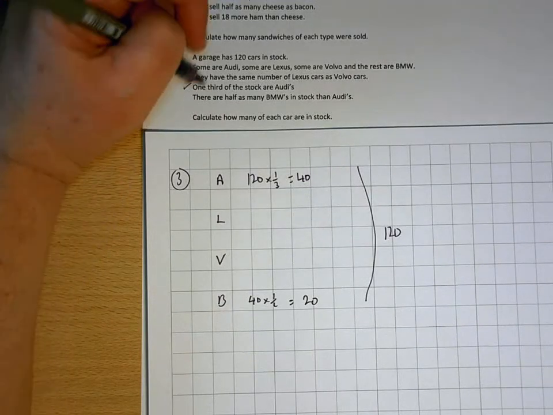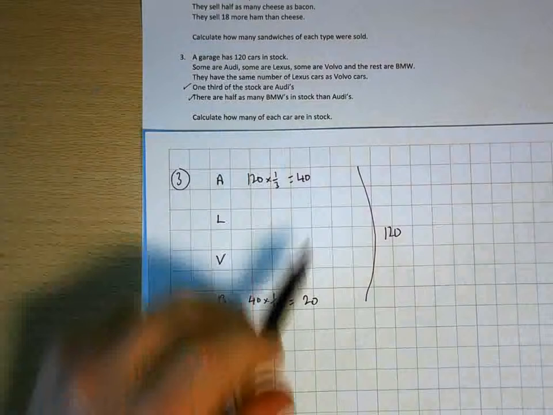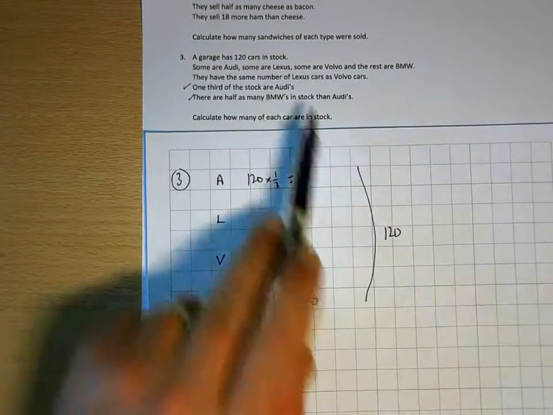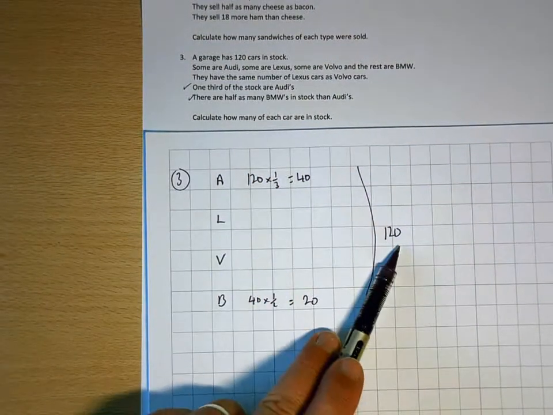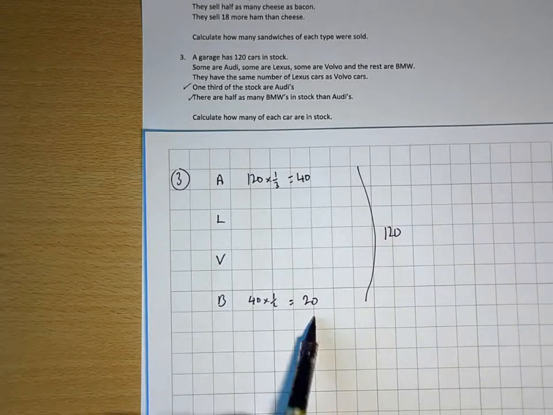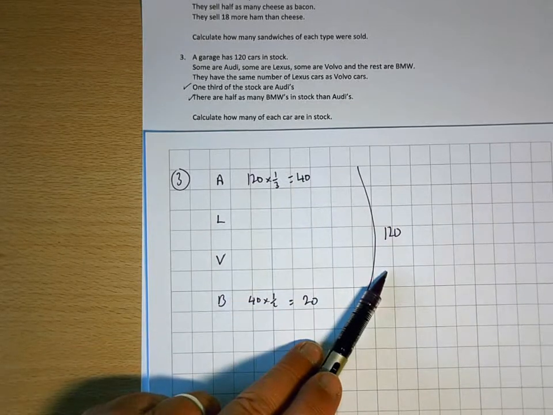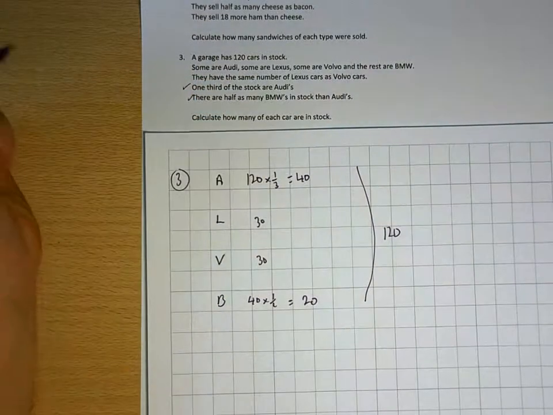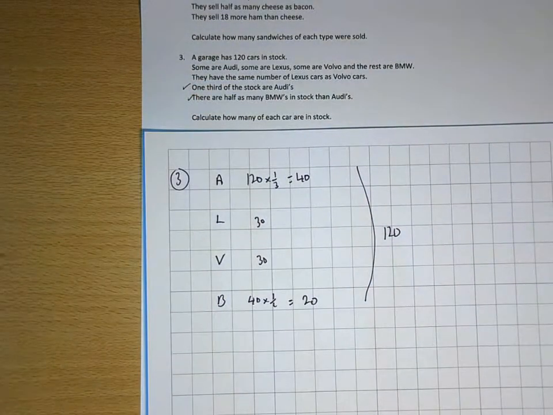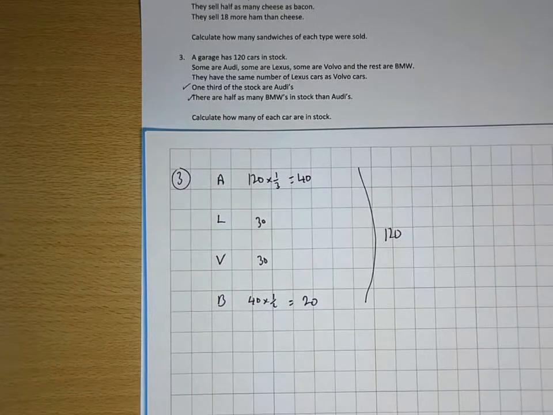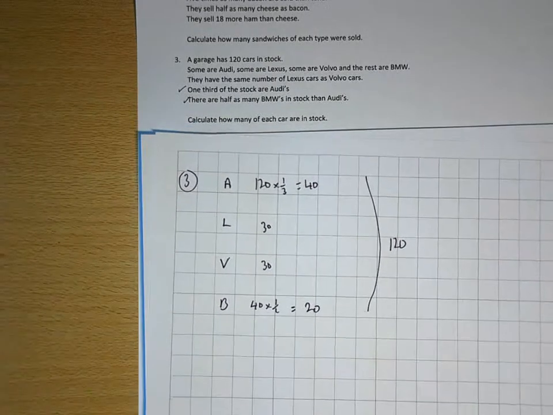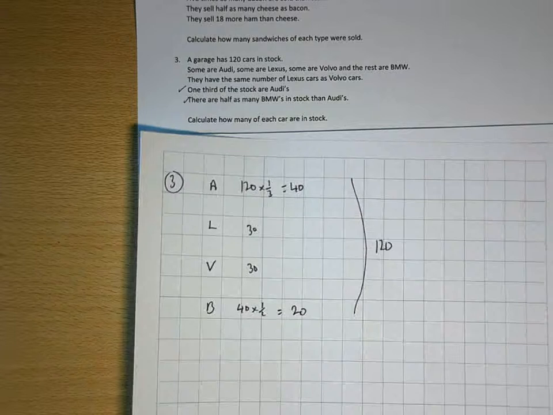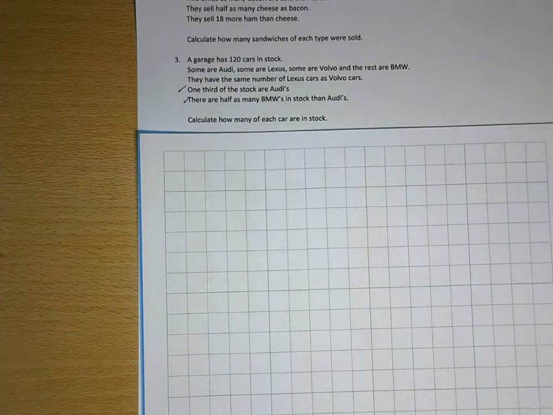And they have the same number of Lexus as Volvo. If I take the BMW and the Audi out of the stock, it leaves me 60. There's the same number of each, so that's going to be 30 and 30. So that one actually doesn't work out bar modelling, or as if you watch the trial and improvement video, it doesn't come out as a trial and improvement question either.